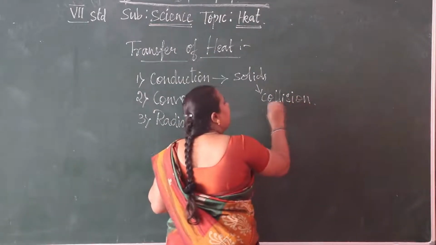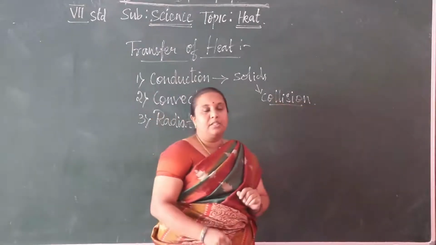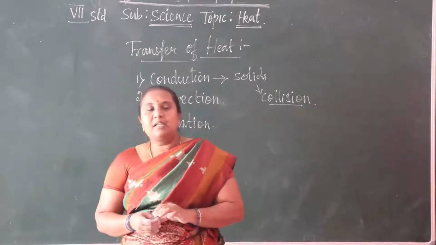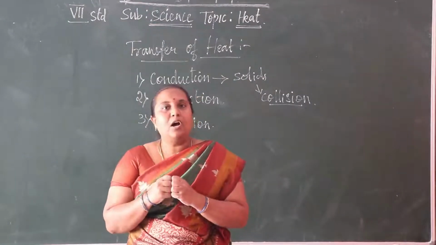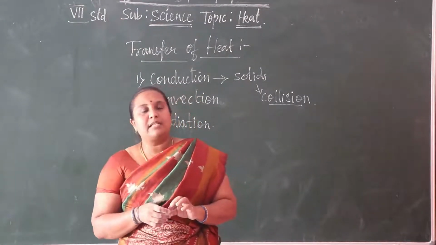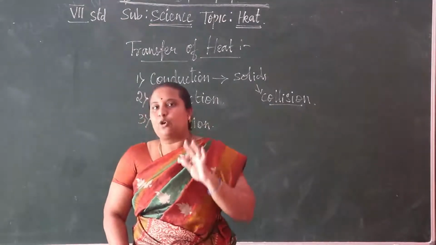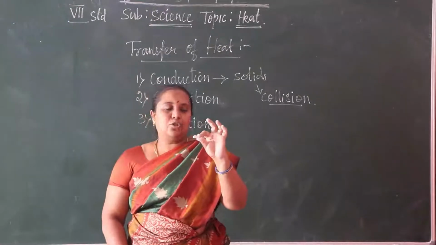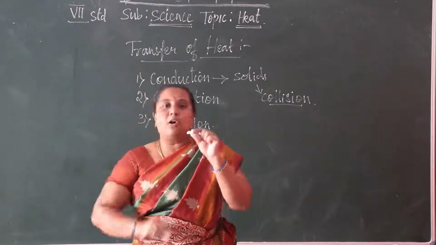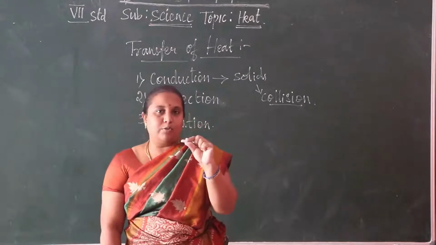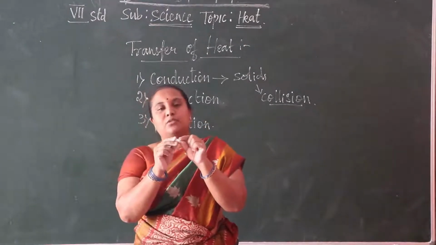So what does the word collision mean? The word collision means the molecules inside the object touch each other. Taking the example of this chalk piece, the molecules, the small particles of this chalk powder, touch one another inside the chalk piece.